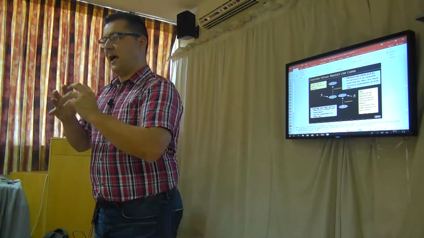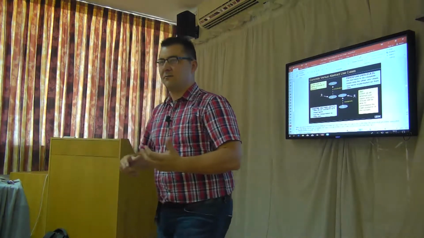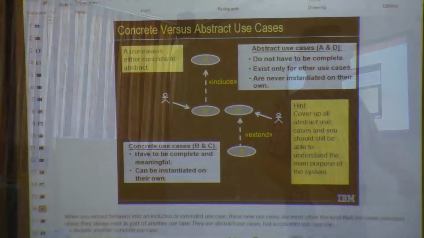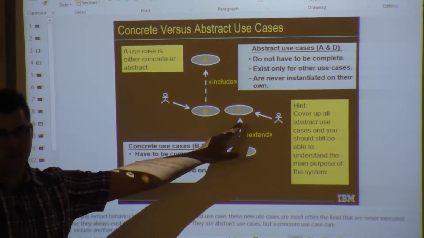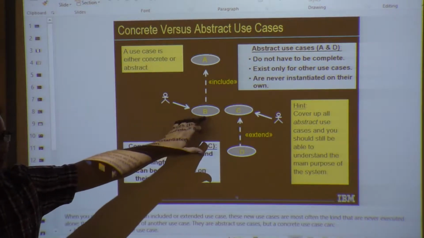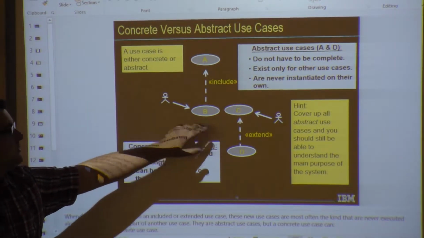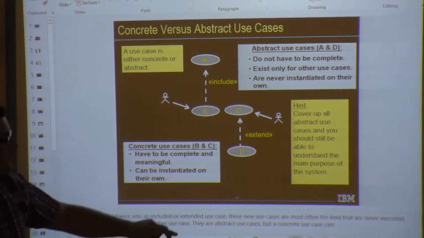If you have an abstract class in programming, can you initiate it by itself? No. So our concrete ones, B and C, the base use cases, can be initiated by themselves. We have our actor communicating with the base use case, and from there we might go to our include use case.